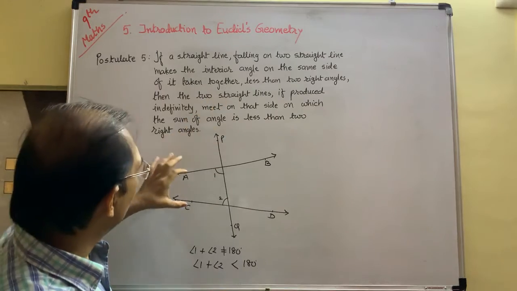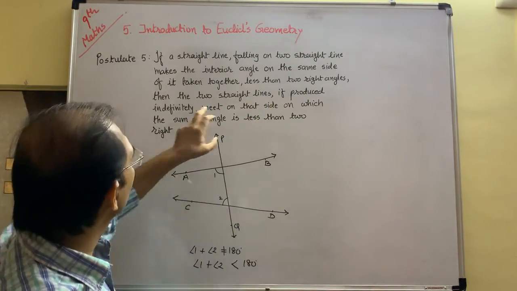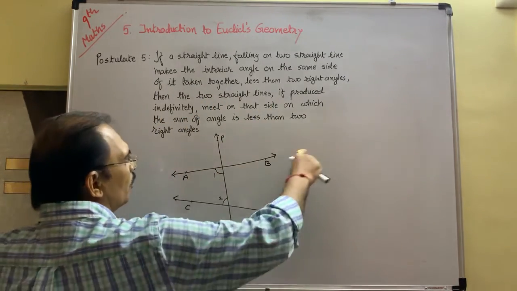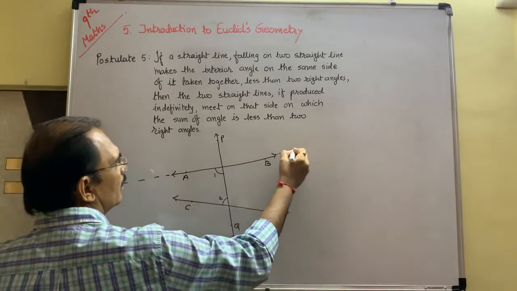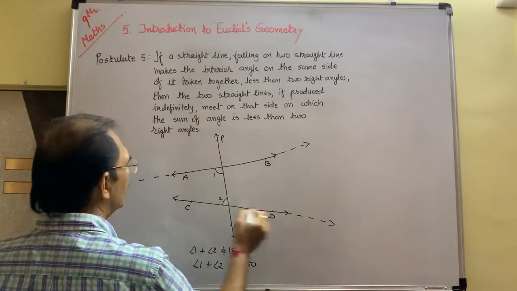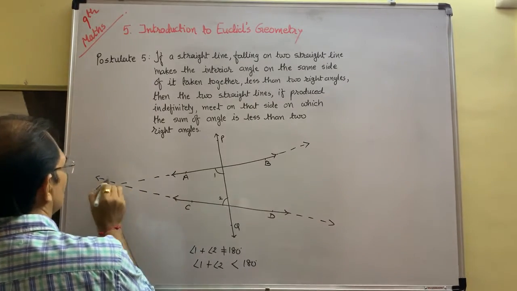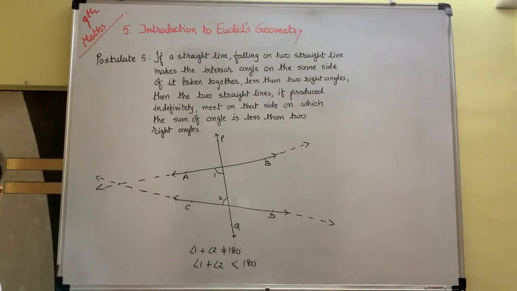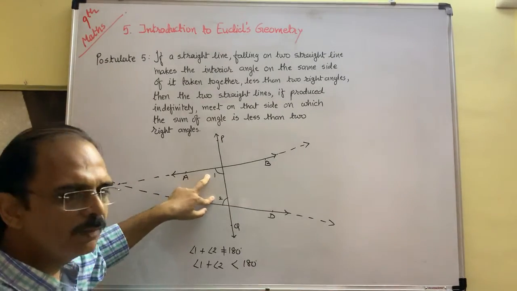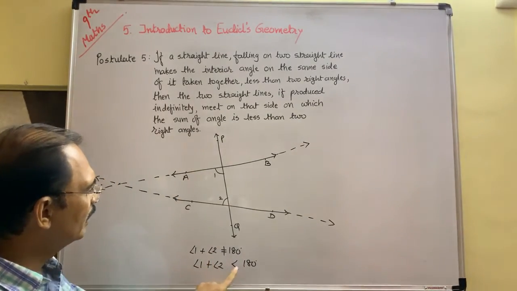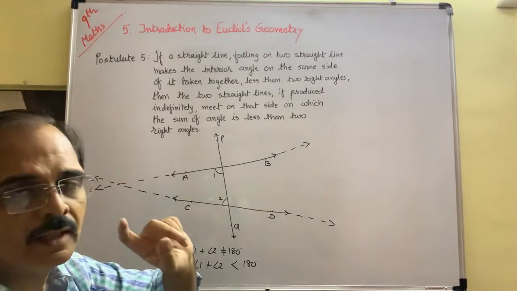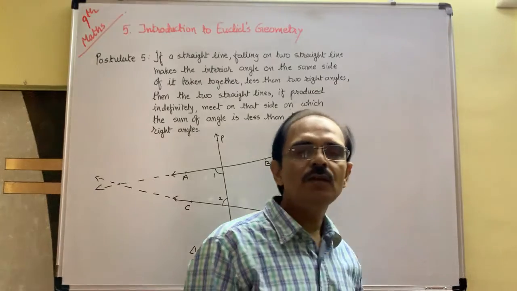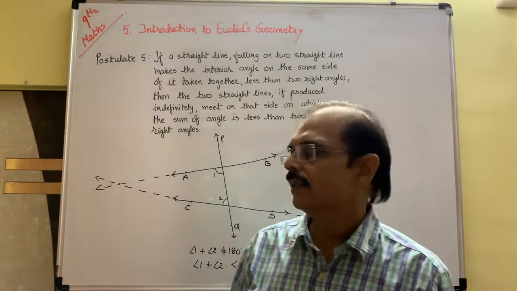Then these two straight lines, if produced indefinitely, if you extend them indefinitely, then they always intersect. The condition is what? If the sum of the two interior angles is less than 180, then these two straight lines, if produced indefinitely, always intersect.